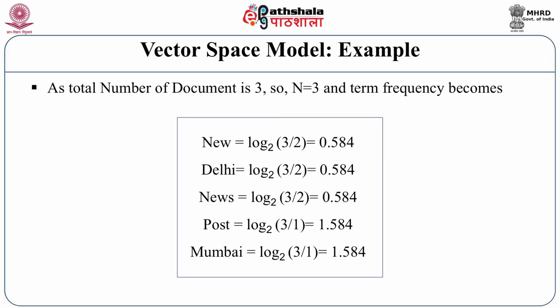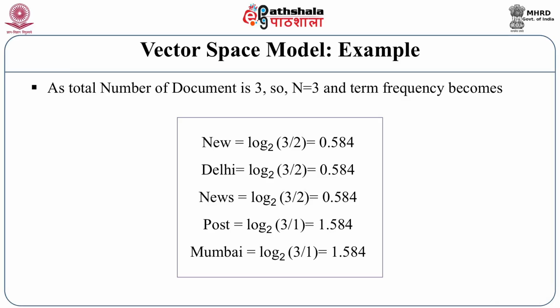The second index term is Delhi, and this term has occurred in document 1 and document 2. So the value is log of 3 by 2 base 2, which is 0.584. The same is true for news, because it has occurred twice. So the value for news is 0.584.